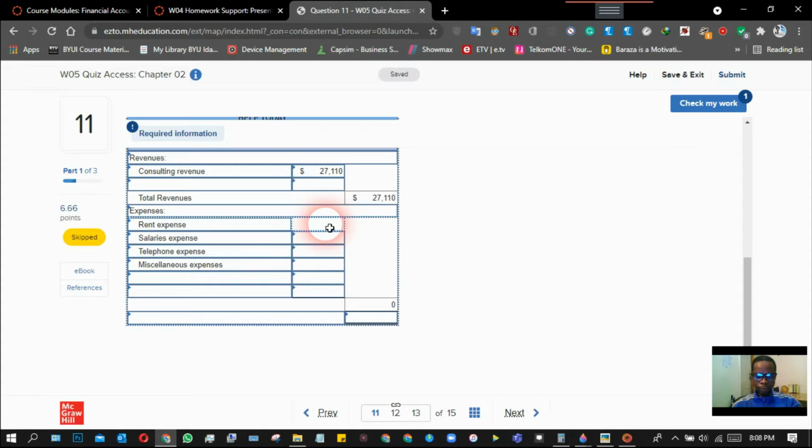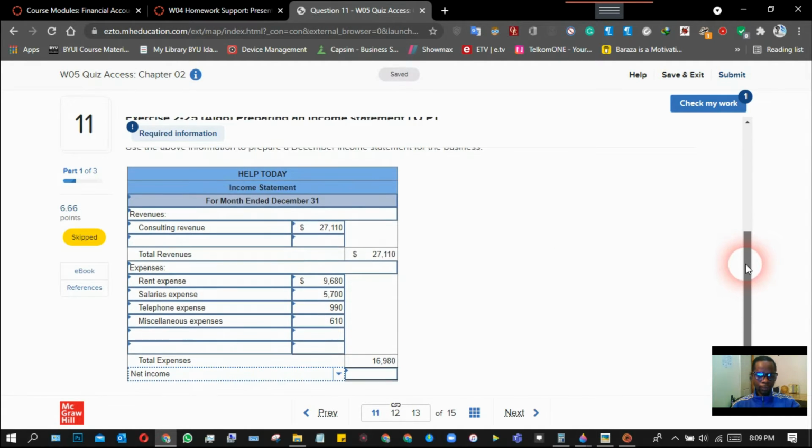So for rent we have 9,680, salaries we've got 5,700, telephone we have got 990, and miscellaneous we've got 610. Right, now that will give us the total expenses, 16,980. This will help us to calculate the net income.